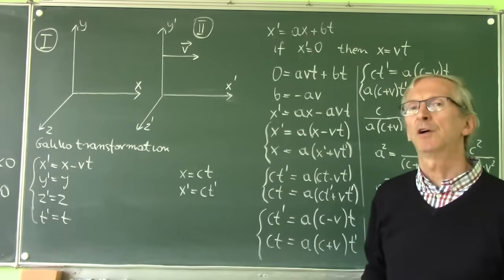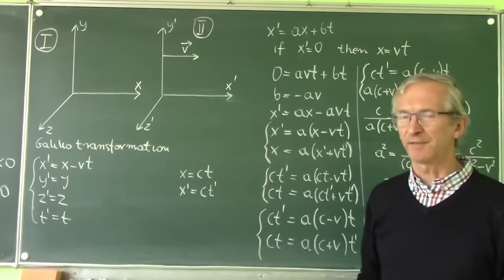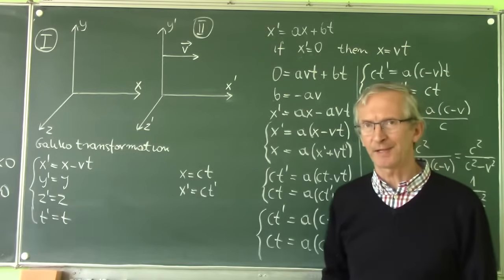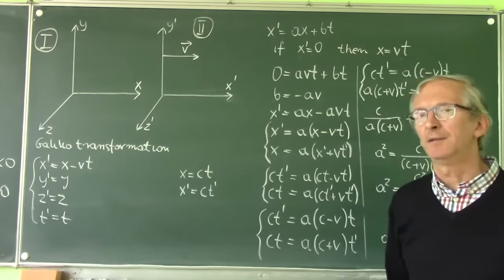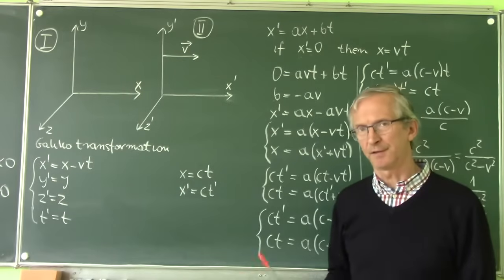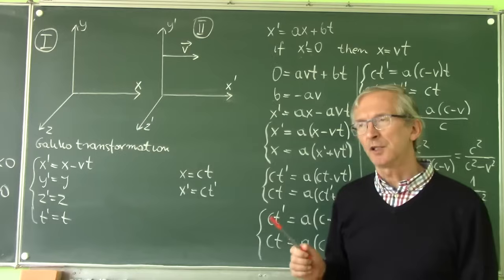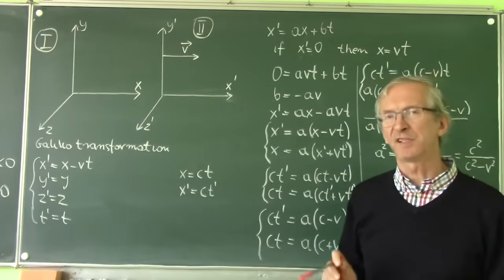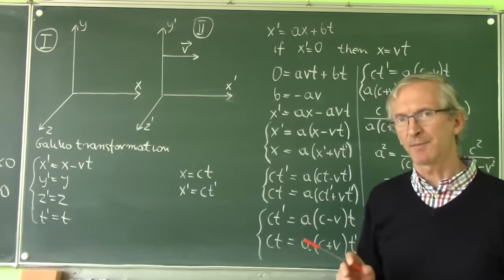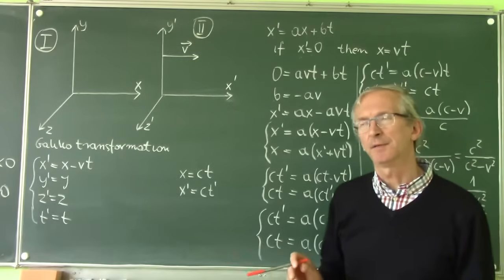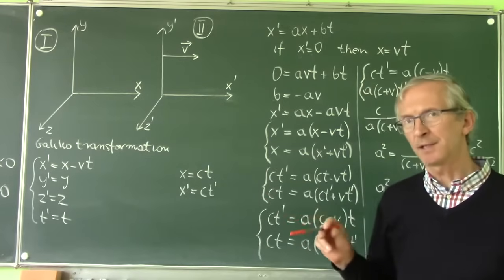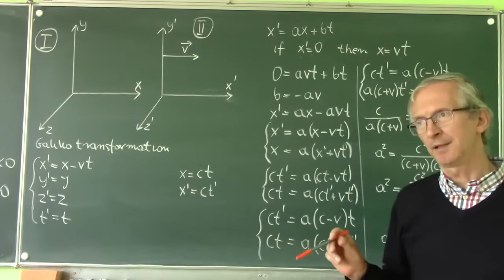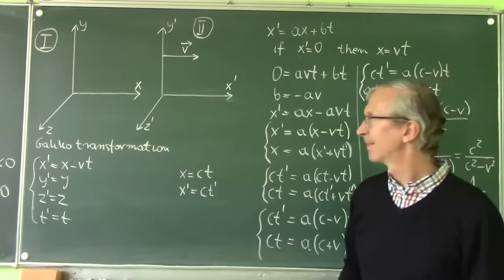It is a coordinate of the velocity vector. I should remind that if a vector is parallel to the axis, then the coordinate of the vector is equal to the value of this vector if this vector is directed the same as the axis, but is equal to minus the value of the vector if the vector is opposite to the axis.